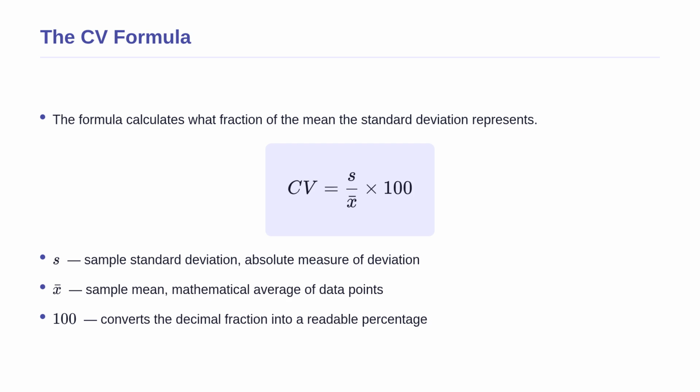Conceptually, dividing the standard deviation by the mean tells us what fraction of the average the spread represents. Multiplying by 100 just converts it into a readable percentage. If the standard deviation increases while the mean stays the same, the CV increases, meaning a wider spread. If the mean increases while the standard deviation stays the same, the CV decreases.